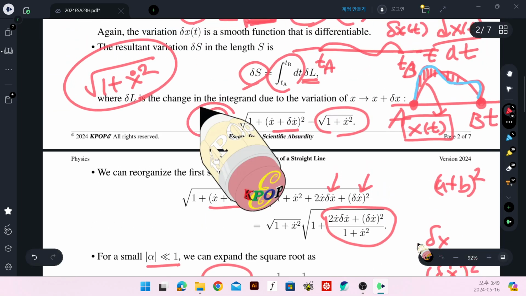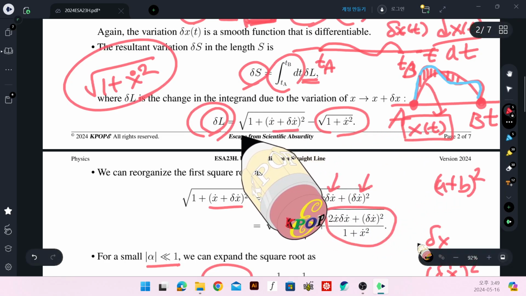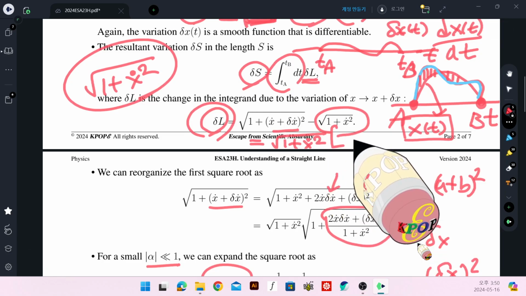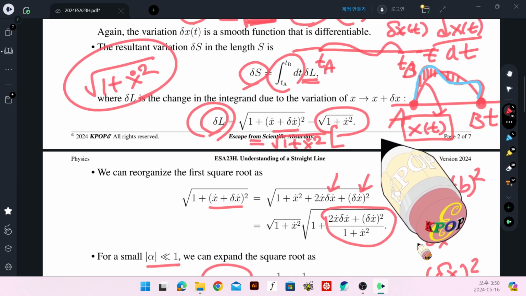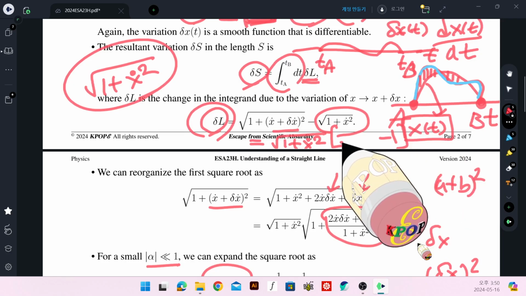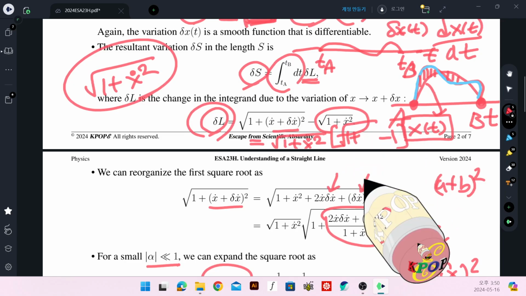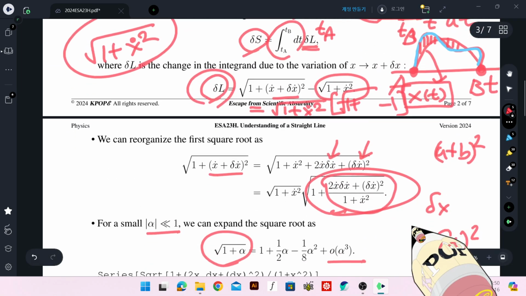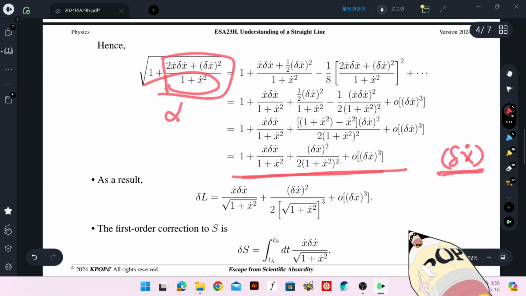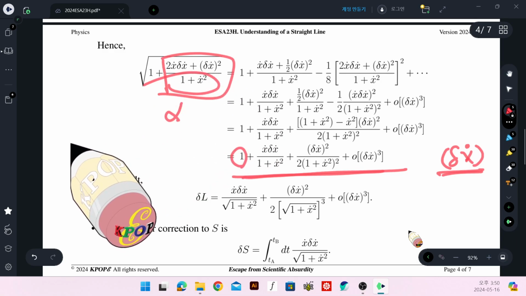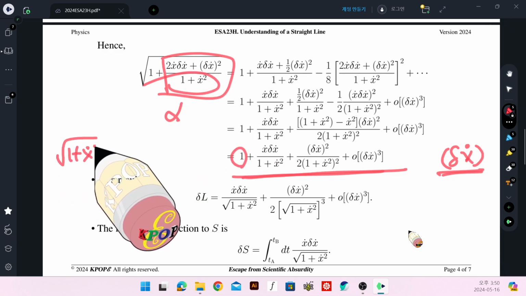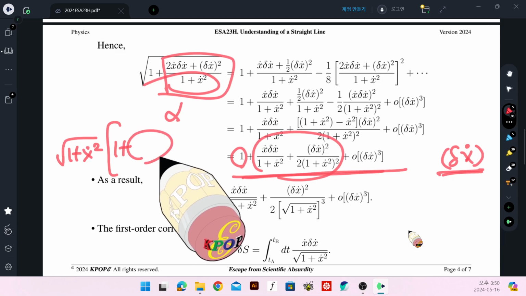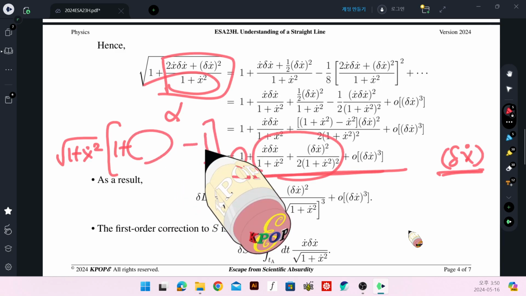Remember, what is delta L? So this one in here, we can pull this 1 plus x dot squared out, and we have square root of 1 plus this one, minus 1. And we have 1 plus x dot squared and 1 plus these, and subtracted by 1.